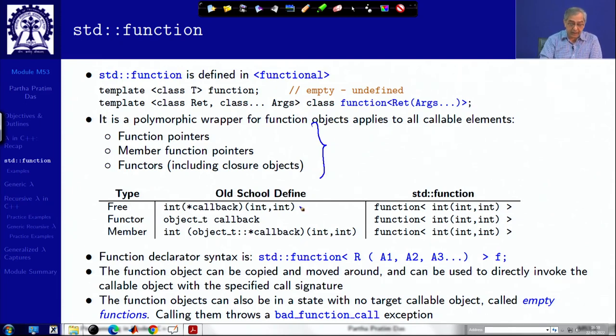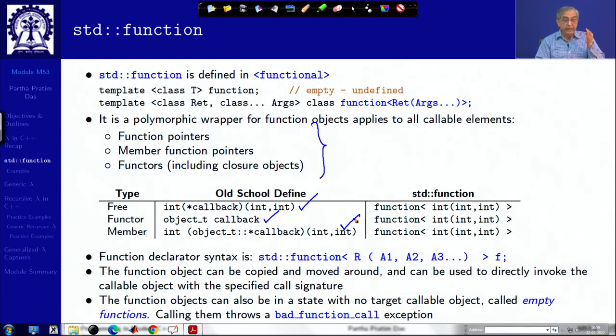So, these here are some examples of if it is a function pointer, if it is a functor or if it is a member function. Now, what you see interestingly is in each one of these we are taking a computation which takes two integers and returns an integer.